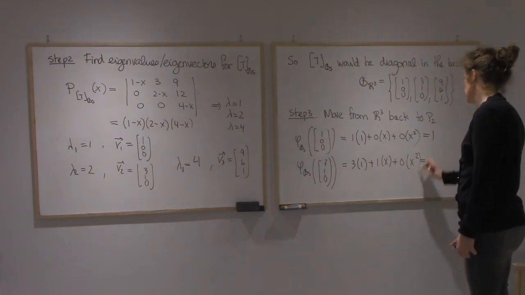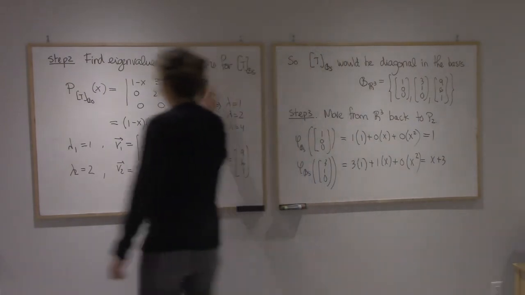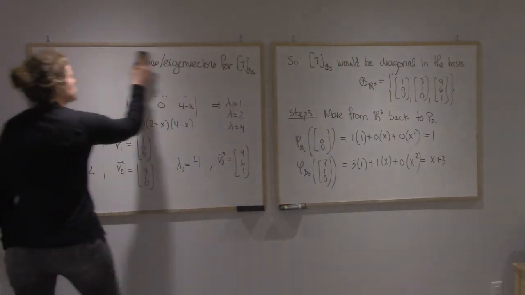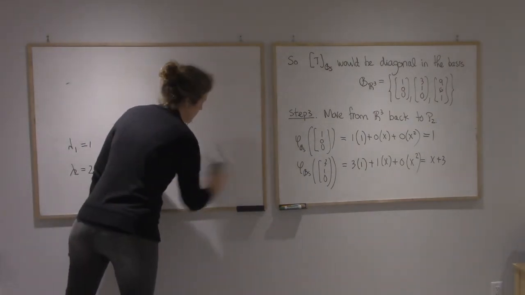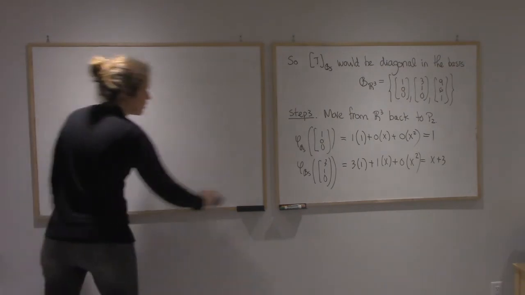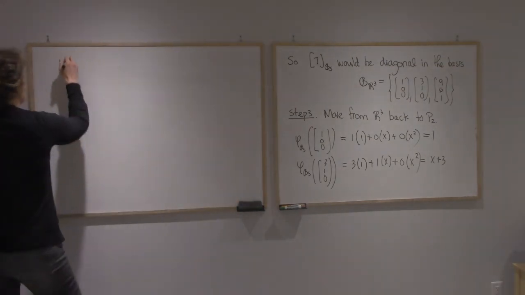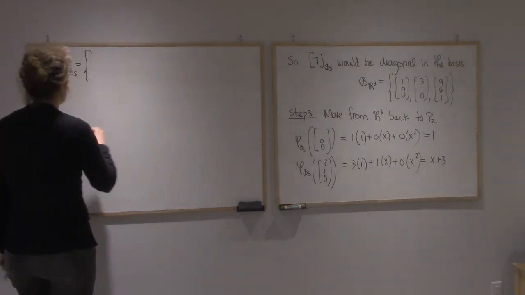So it's x plus 3. And the last element of my basis for P2 would be the image of the last vector.